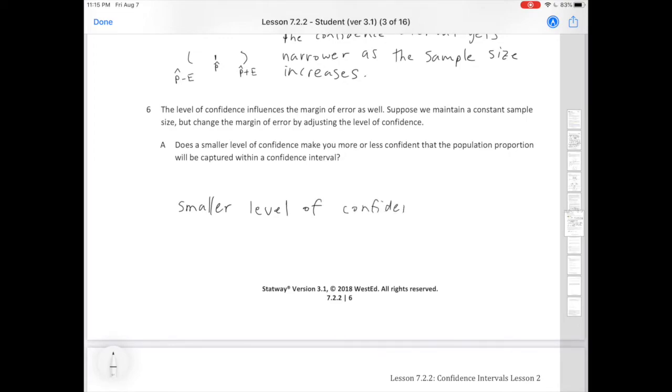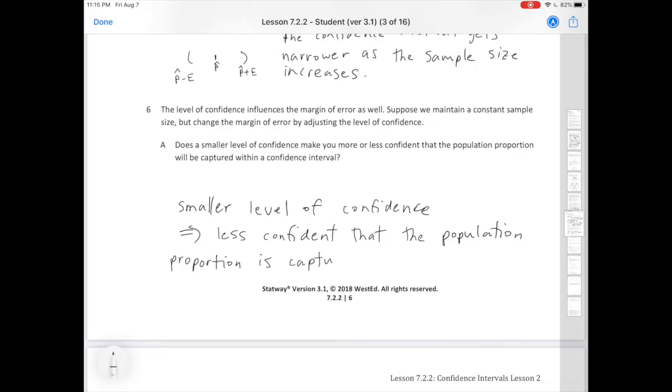Smaller level of confidence makes us less confident that the population proportion is captured within the confidence interval.